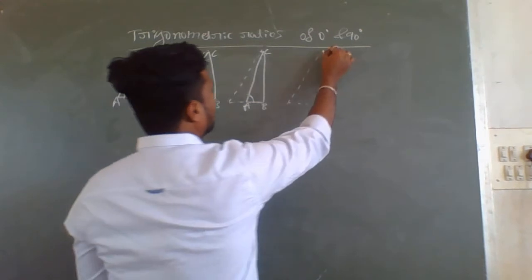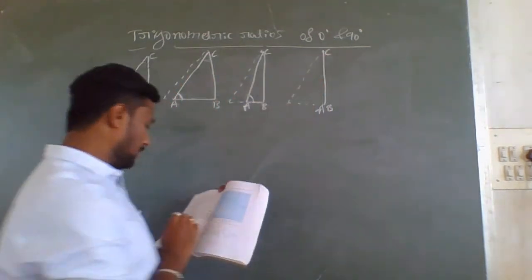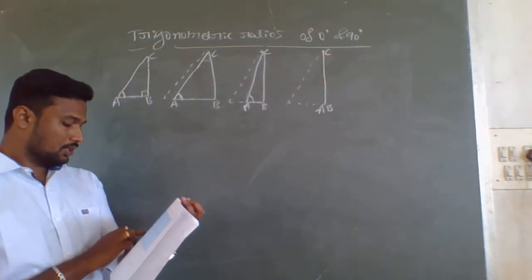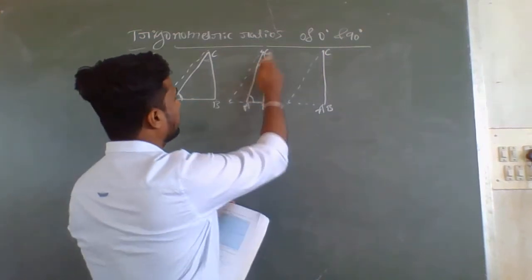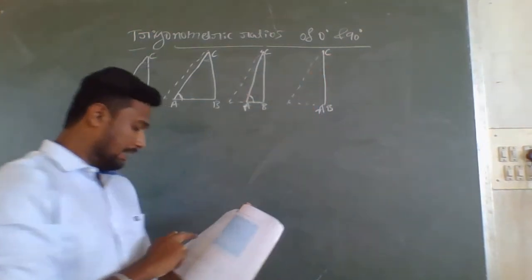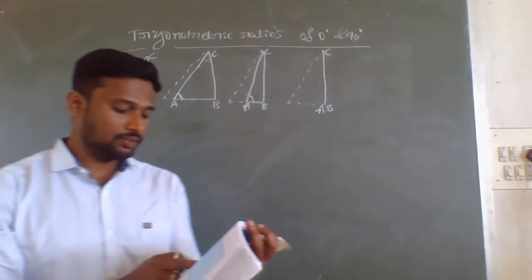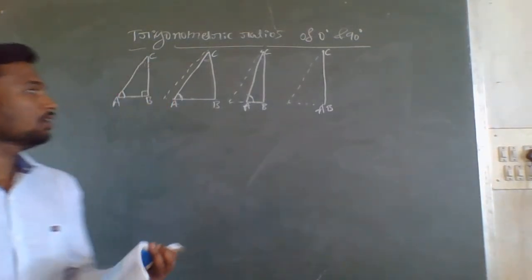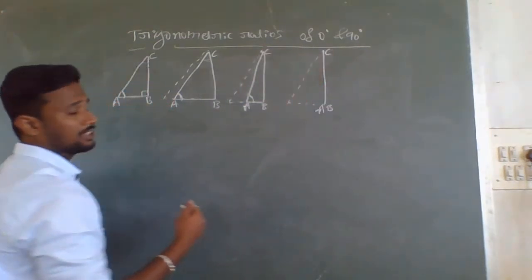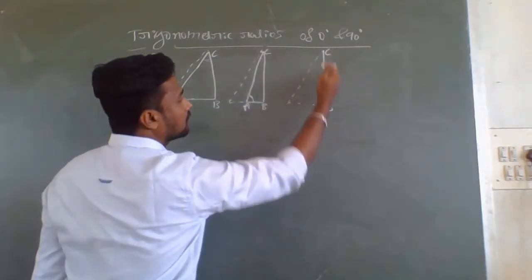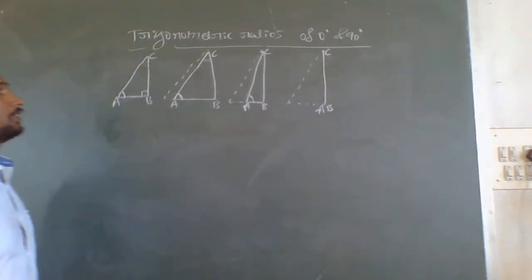So here you can see angle C is 0 degree and this side AC almost coincides with side BC. Means you can say that the length of AC becomes equal to BC only.